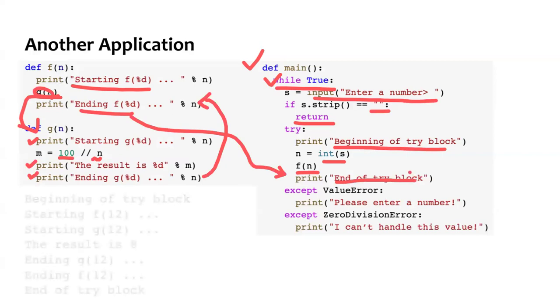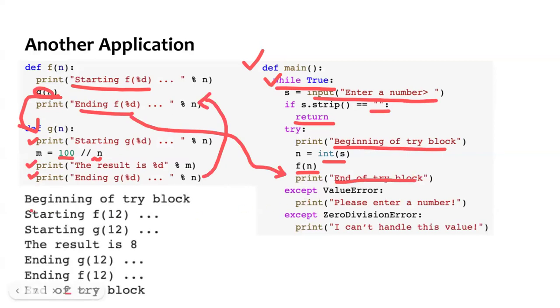As you can see here, the beginning of try block, starting of f, starting of g. After this are the first item, second item, the third item. It looks like a stack because the last one that goes into the stack frame gets terminated first.